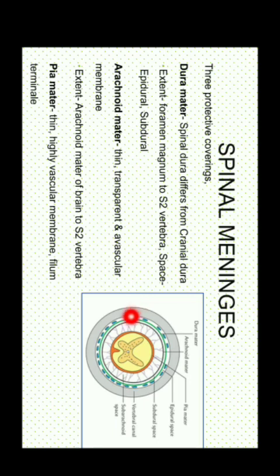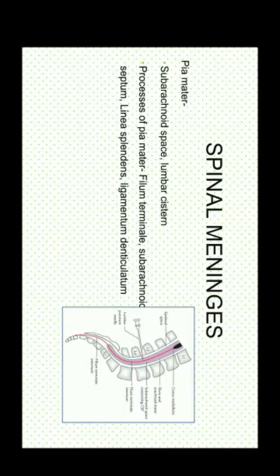After that comes the arachnoid mater, and this orange colored structure surrounding the spinal cord is the pia mater. Between the pia mater and the arachnoid mater is called the subarachnoid space, and this subarachnoid space is filled with CSF.